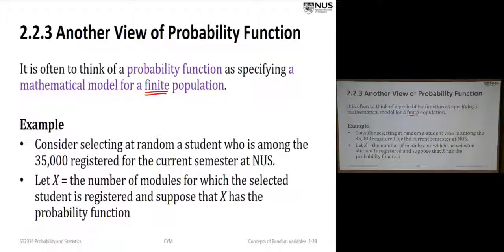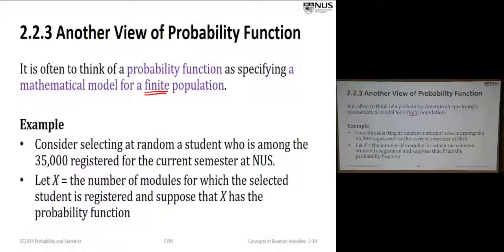Now, if I select a student and ask, how many modules do you take this semester? He has already registered for, let's say, 5 modules. So the answer is 5. Then where does this randomness come in? Just like tossing a coin: if I toss a coin and ask you what the outcome is, it can be a head or a tail.